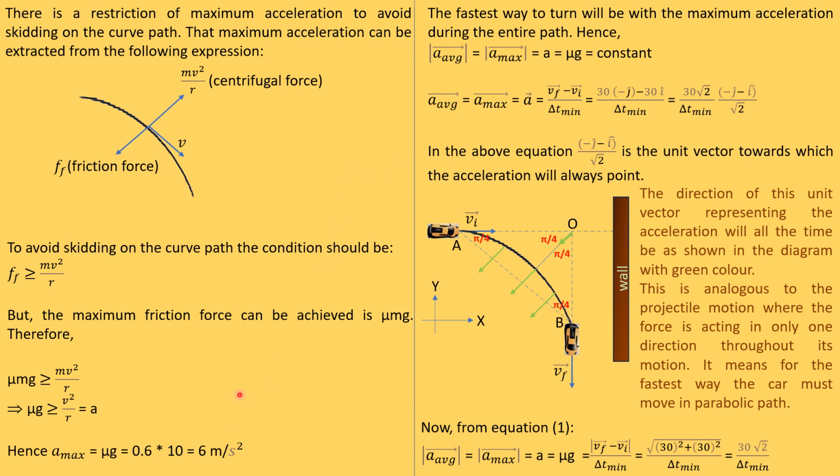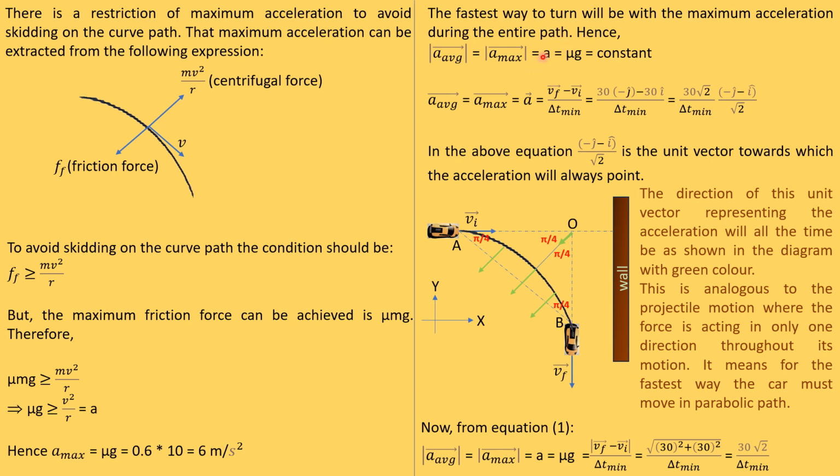So in the question it is given fastest way to turn. It means the car should throughout the curved path travel with maximum acceleration. So A average will be equal to A max, and we can call it A for convenience.